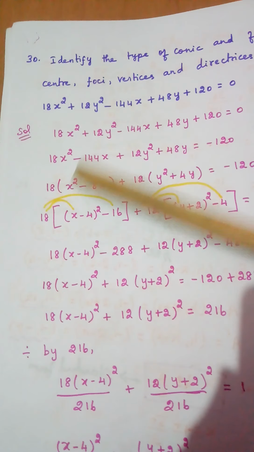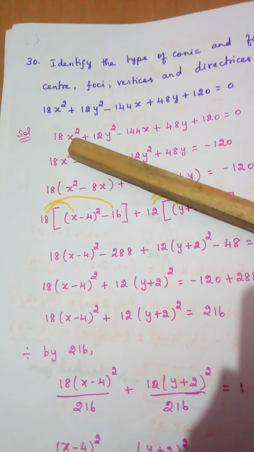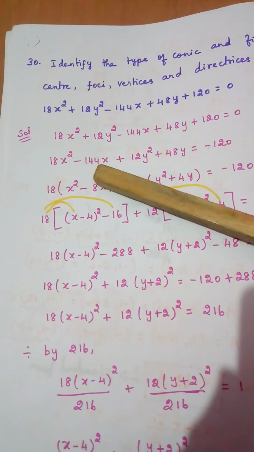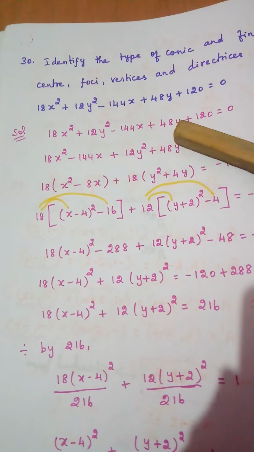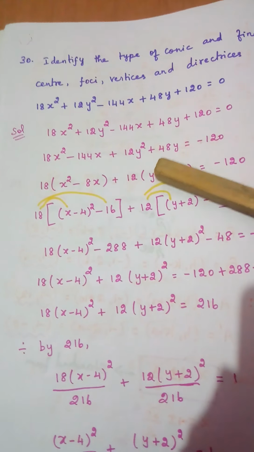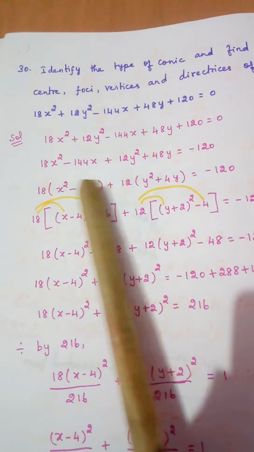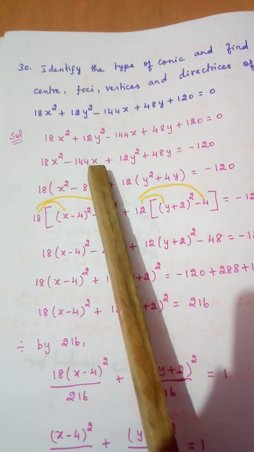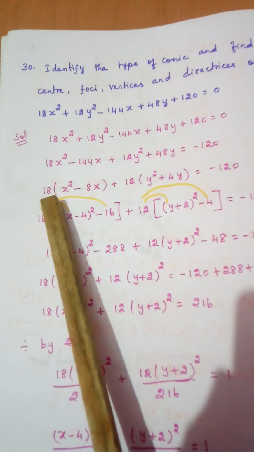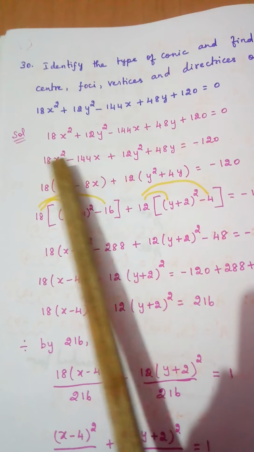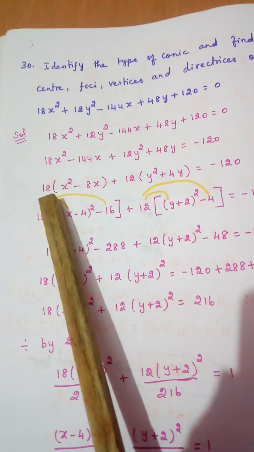What I said: with the x square term you write the x term together, with the y square term you write the y term together, and bring the constant to the other side. Now from these two terms 18 is taken as common.